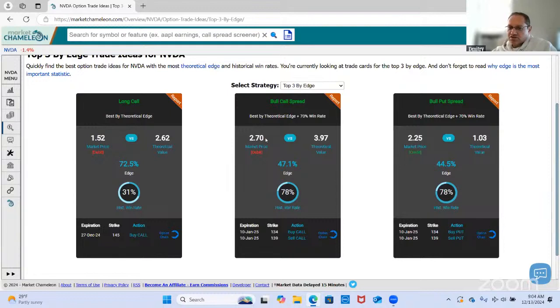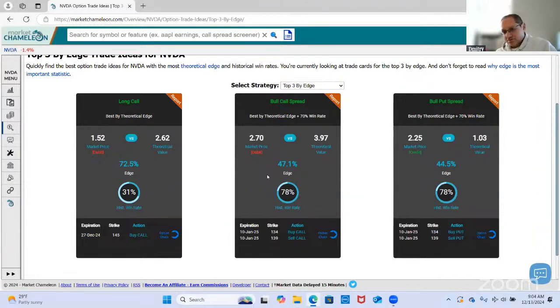And that price is $2.70. This is a $5 call spread, 134, 139, and $2.70 is the cost of it. Then let's start analyzing it from the perspective of valuation.